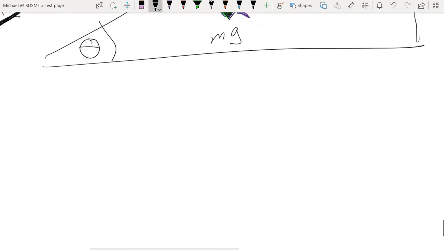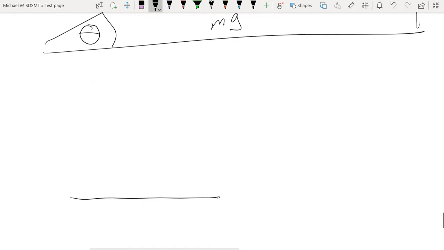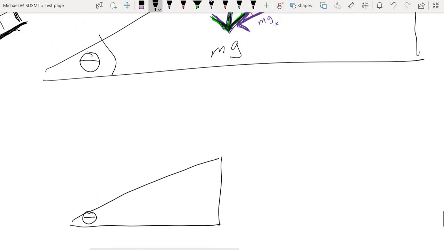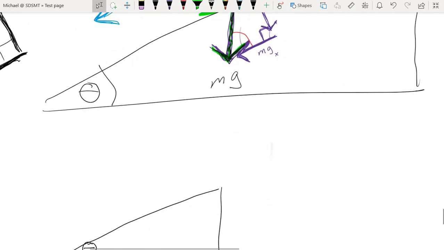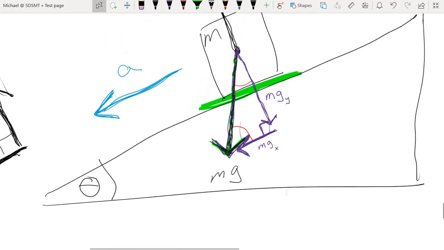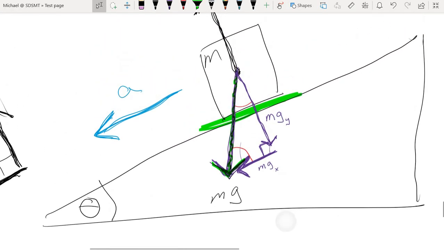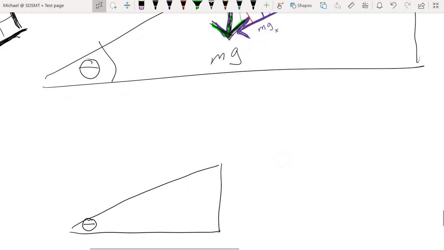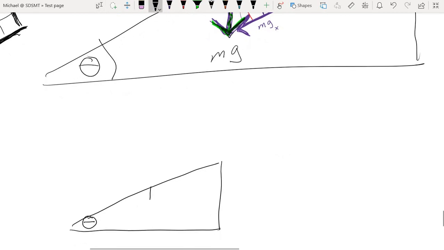We need to do a little side discussion. If we think back to our days in geometry and trigonometry, let me see here. I want to make sure I set this up properly. So I have my weight vector, which is made up of its x and y components.